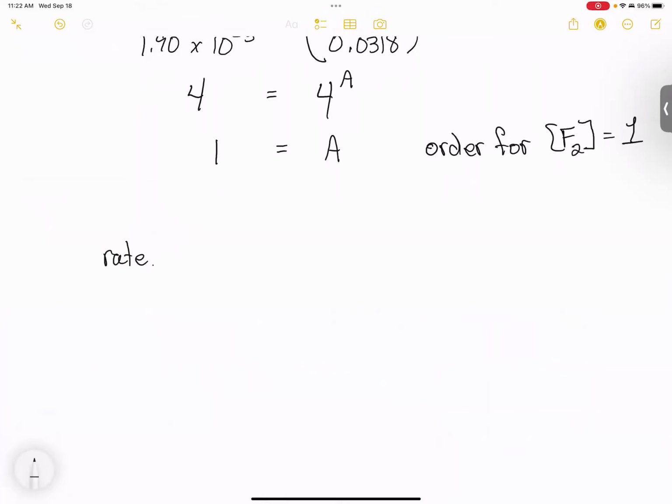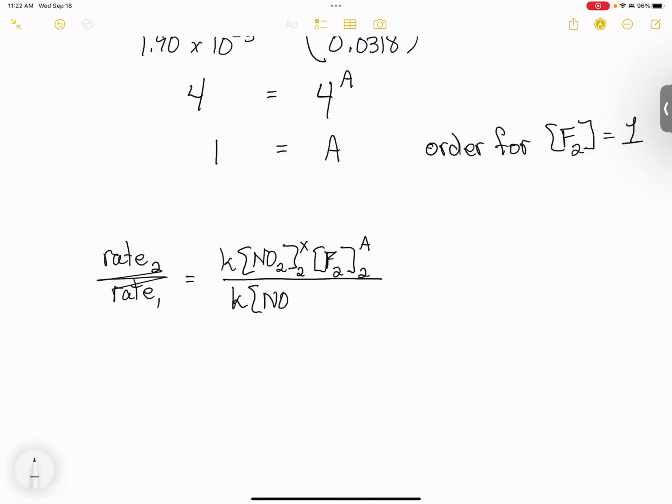So rate 2 over rate 1 is equal to K times the NO2 for experiment 2 raised to its power times the F2 for experiment 2 raised to its power, all over the rate constant for NO2 for experiment 1 raised to its power times F2 for experiment 1 raised to its power.